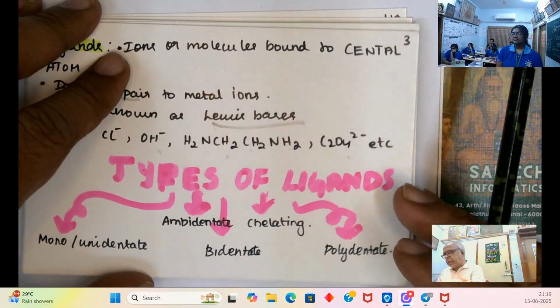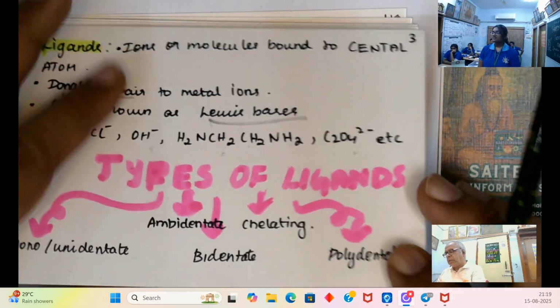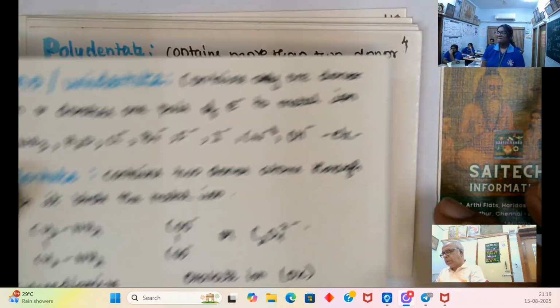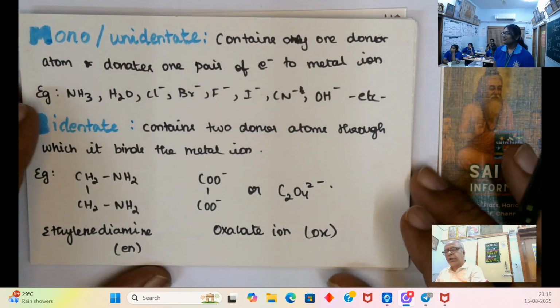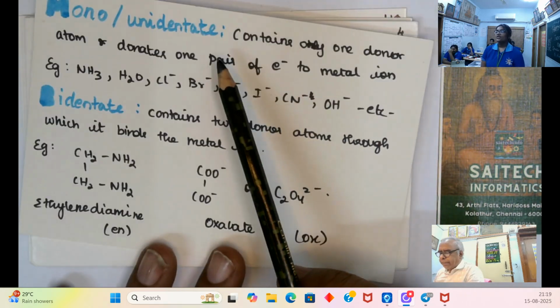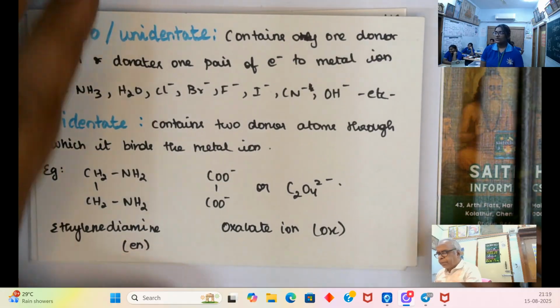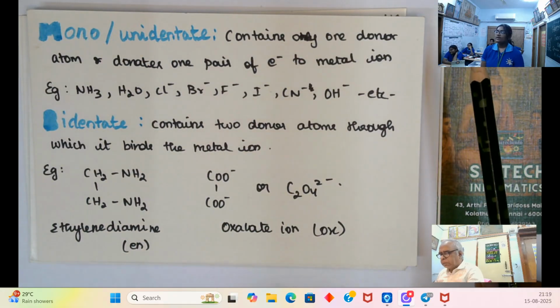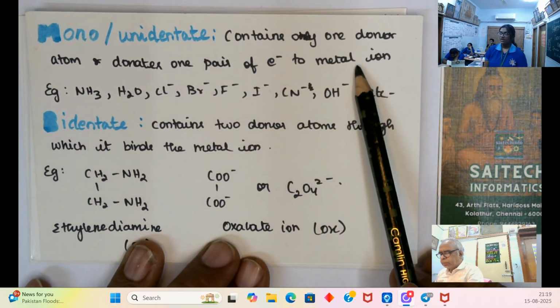What is a chelating ligand? It forms a ring structure. Mono or unidentate contains only one donor atom and donates one pair of electrons to the metal ion.